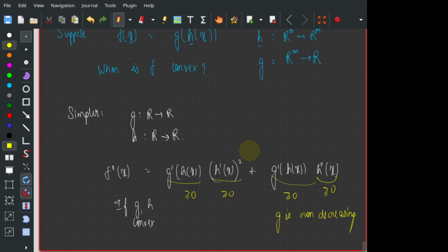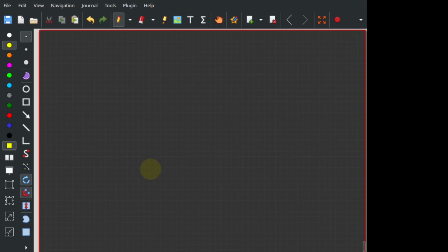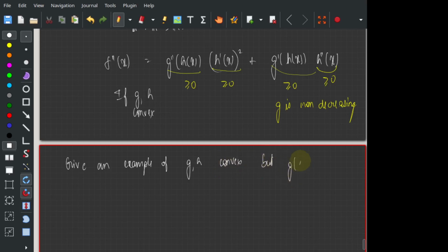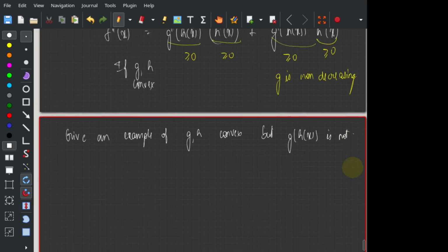So a case where g and h are convex, but f is non-convex. Minus log, okay.